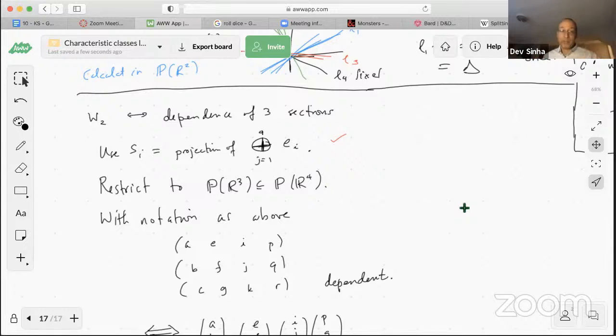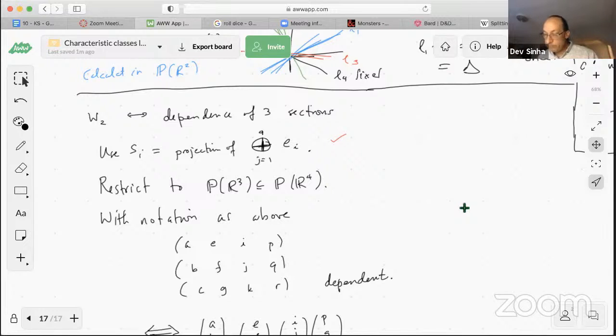And again, what I mean by that row vector is I'm looking inside the span of 4 lines, and I'm taking these particular linear combinations: A times my first basis vector plus E times my second, plus I times my third, plus P times my fourth. And then within that span, I want to know where things are dependent, okay?